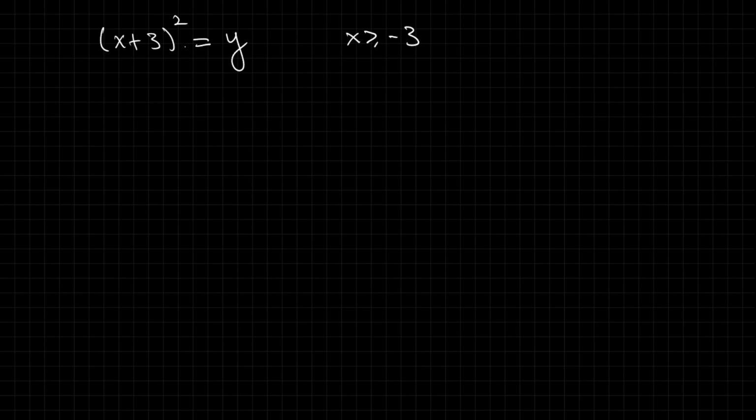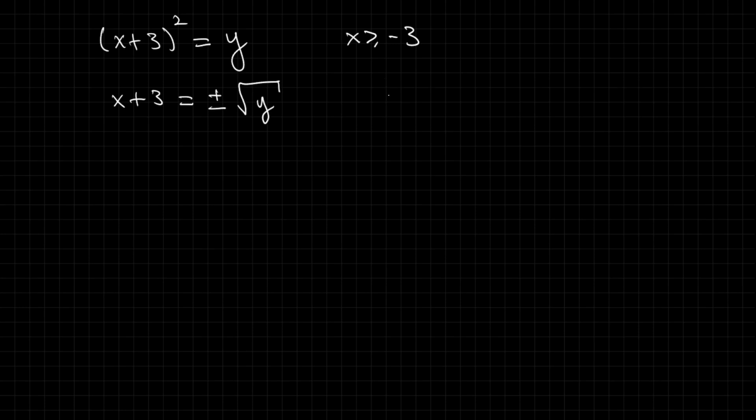Now, in order to solve for x, I have something squared is equal to y. So that means that whatever you're squaring is plus or minus the square root of y.